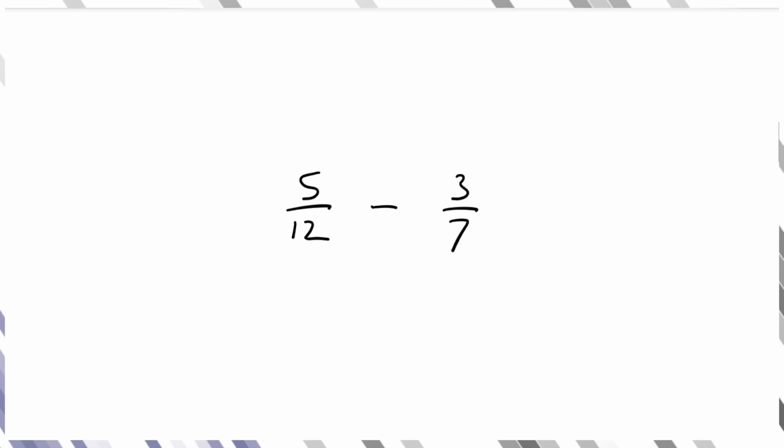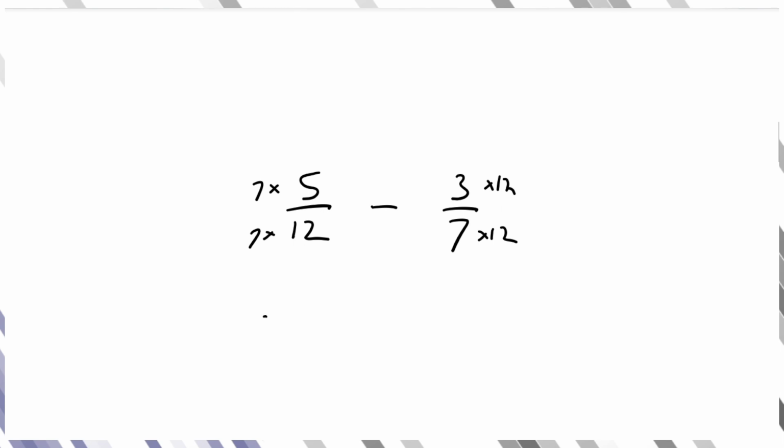We multiply the top and the bottom of each fraction by the denominator of the other fraction. So the 5 and the 12 are going to get timesed by 7. Let's put a little times 7 there and there. And the 3 and the 7 are going to get timesed by the denominator of the other fraction. So 3 is going to get timesed by 12, and the 7 is going to get timesed by 12. Let's put a little times 12 there and there. Then we just need to work these out and rewrite it.